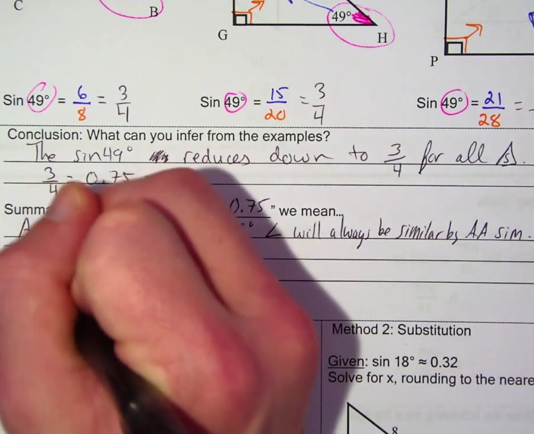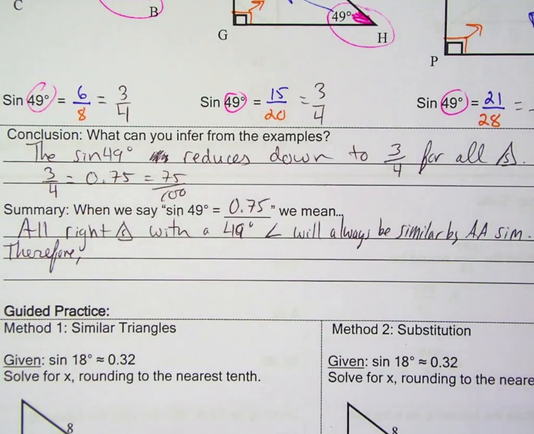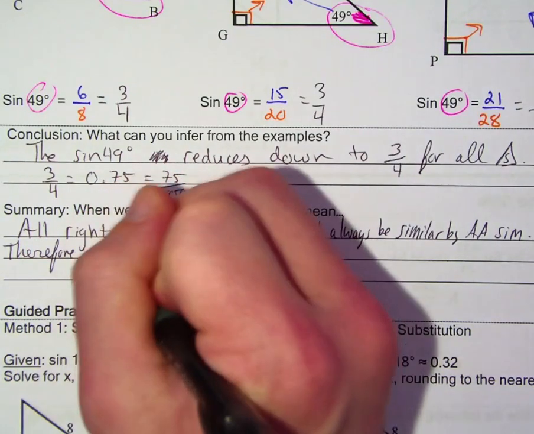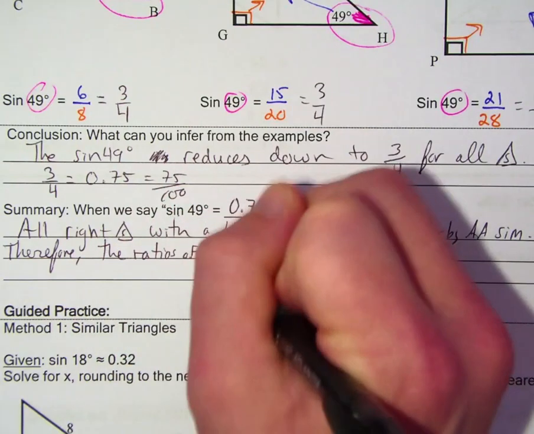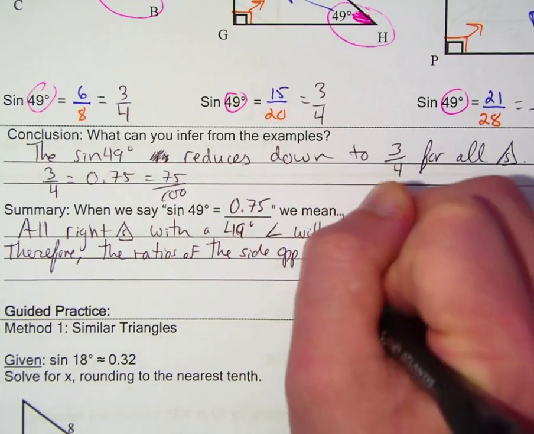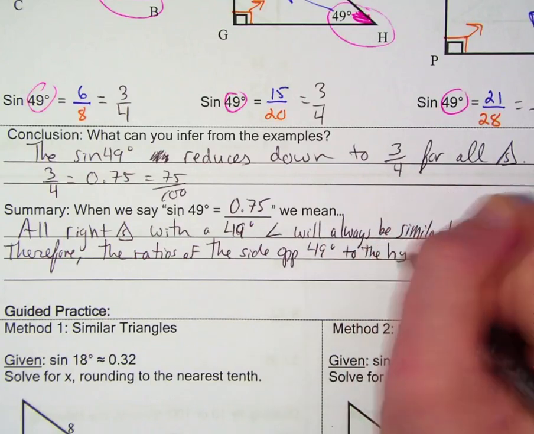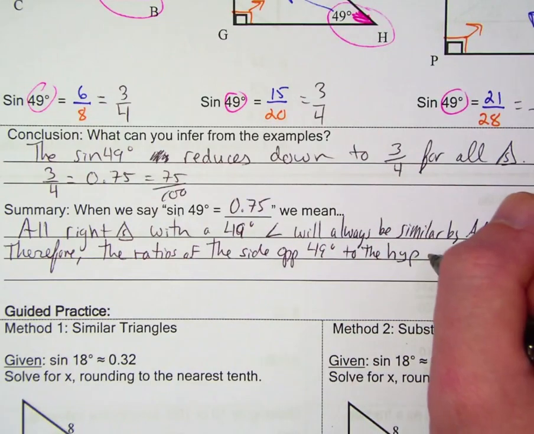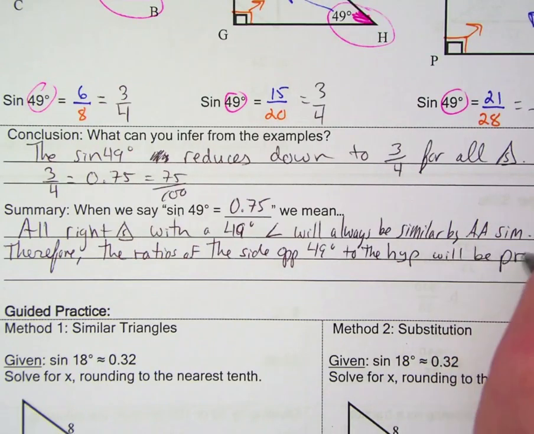Therefore, if we've got two triangles similar by angle-angle, the ratios of the side opposite 49 degrees to the hypotenuse will be proportional.